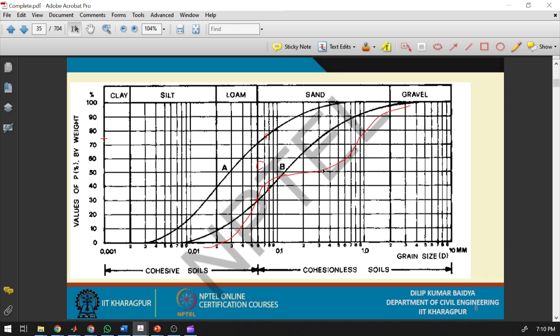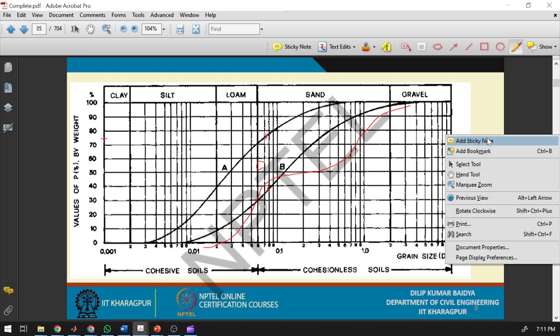I understand your point. But what I am saying is that, Rafi, why do you calculate CU and CC? What is the end point you get when you calculate CU and CC?